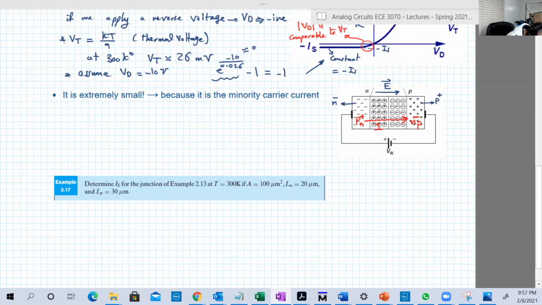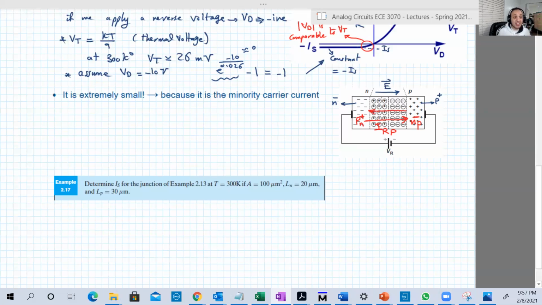Let's call it I reverse, because this is reverse. I reverse P. And the electrons will move in the opposite direction of the electric field, so they will move in that way.